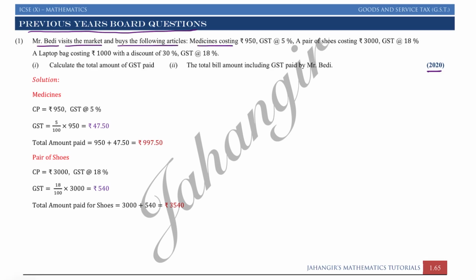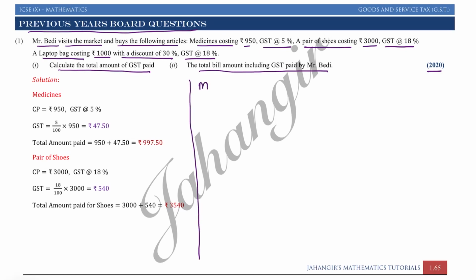Medicine costing rupees 950 at a GST rate of 5%. A pair of shoes costing rupees 3,000 with GST at a rate of 18%. A laptop bag costing rupees 1,000 with a discount of 30% and GST of 18%. In the first part, we have to find the total amount of GST paid and the total bill amount including GST paid by Mr. Bedi.